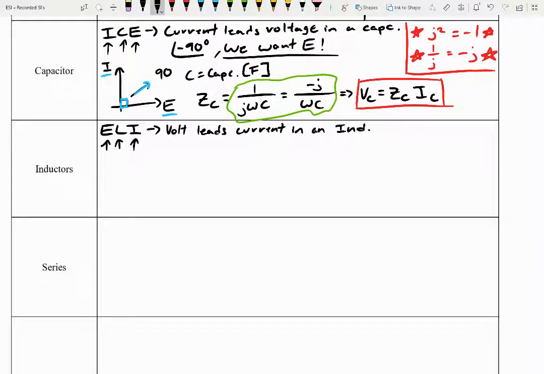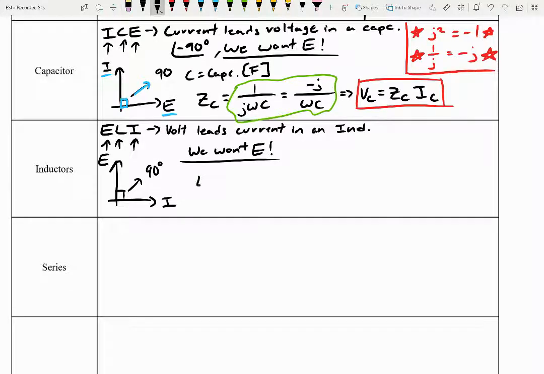I'm just going to write IND. So looking at that, what does that mean for us? Well, if we go and draw our graph here, current is back here, voltage is in front of it, and ideally that's 90 degrees. And like we said, we want the voltage.